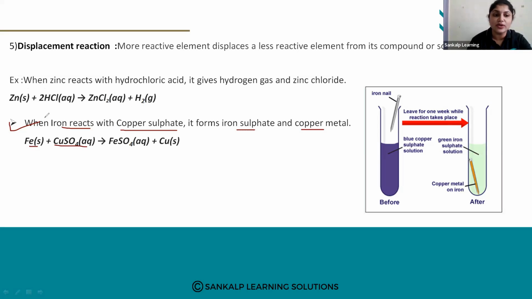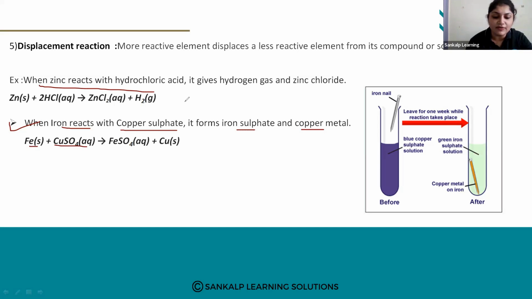So Zn, in solid state, plus 2HCl gives you ZnCl2 plus H2. So whenever zinc reacts with hydrochloric acid, it gives you hydrogen gas and zinc chloride. So this is another displacement reaction.